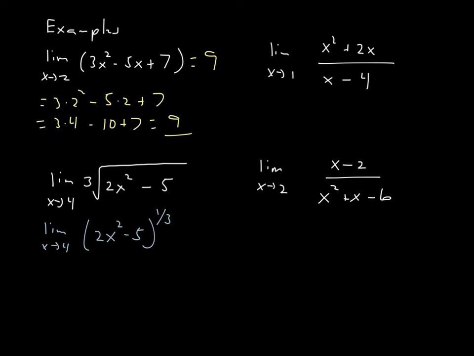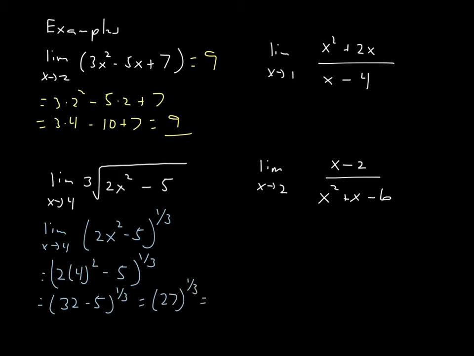Our limit properties tell me that that's going to equal 2 times 4 squared minus 5, to the 1/3. So 4 squared is 16, times 2, that's going to be 32 minus 5 to the 1/3 power, which will be 27 to the 1/3, which in this case is equal to 3. So that particular limit is equal to 3.